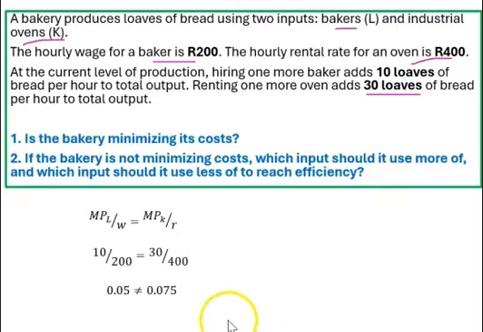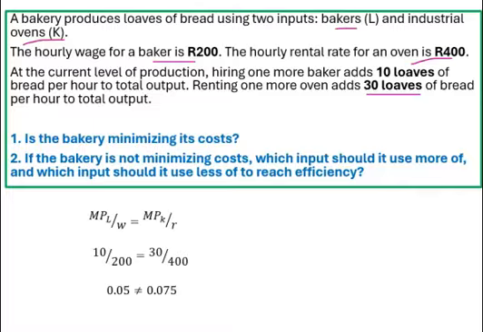And we can see that the bakery gets more output per money spent on capital at 0.075 as it is greater than 0.05. So the second question is, if the bakery is not minimizing costs, which input should it use more of and which input should it use less of?